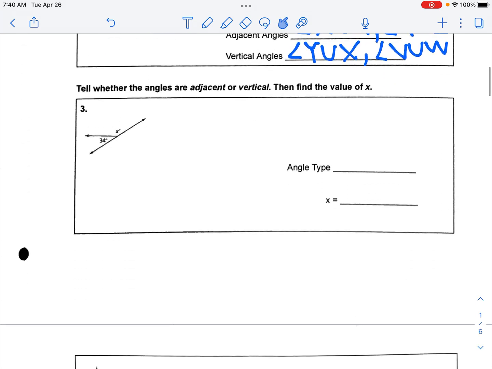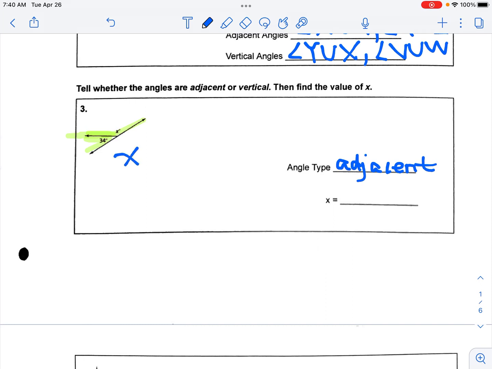All right, moving on. Tell whether the angles are adjacent or vertical and then find the value of X. So they're looking at this angle and this angle. Well, those two angles clearly share a side, so those are going to be adjacent. So angle type, adjacent. These two angles together form a straight line, which is 180 degrees.